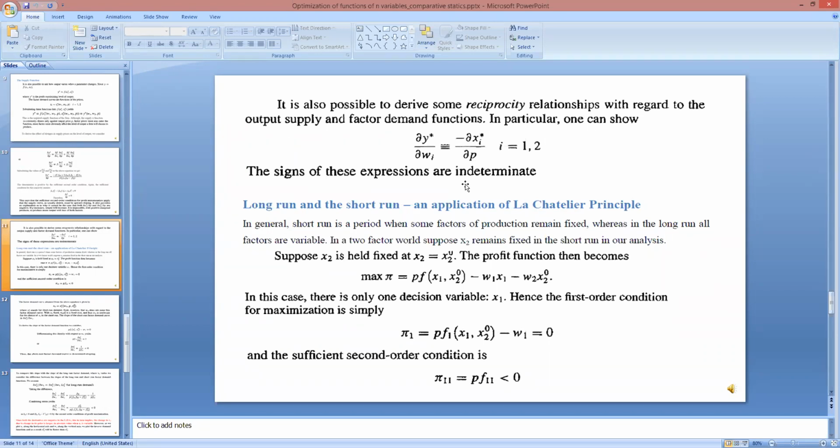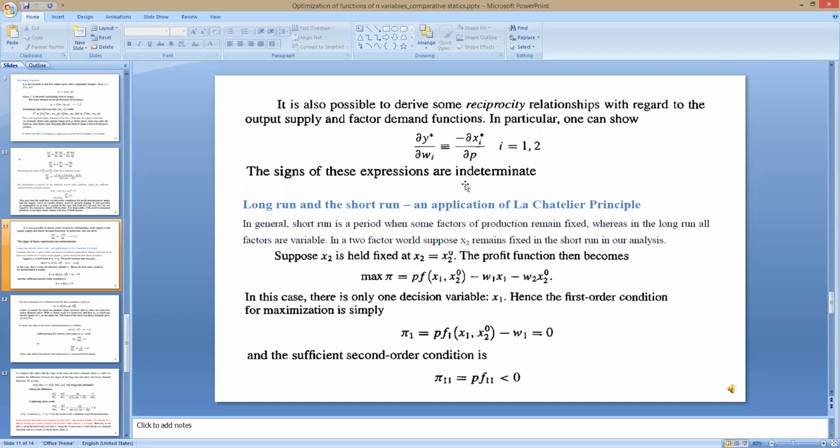Okay, so we are starting with the comparative statics. These comparative statics start with the value function. We are putting the value function in the first order conditions, and then we are considering the change of these first order equations with respect to the parameters of the model. Once we consider these derivatives, we can solve for del x1 star by del w1, del x1 star by del w2, del x1 star by del p.